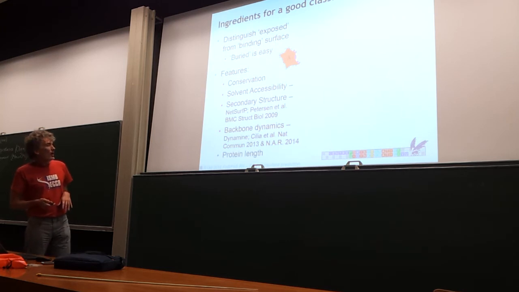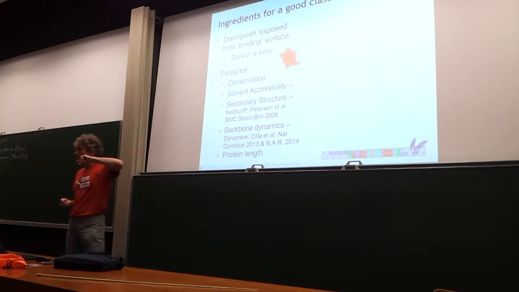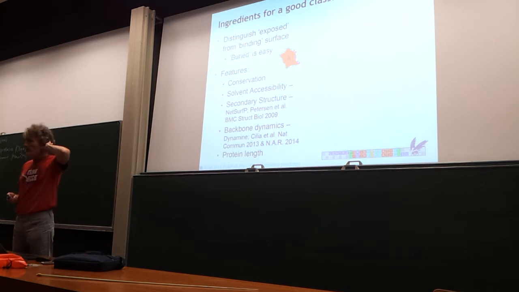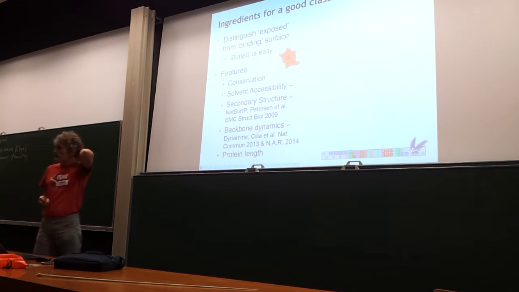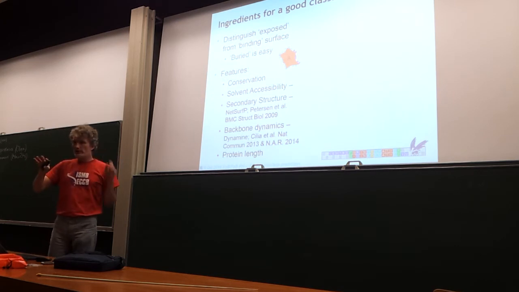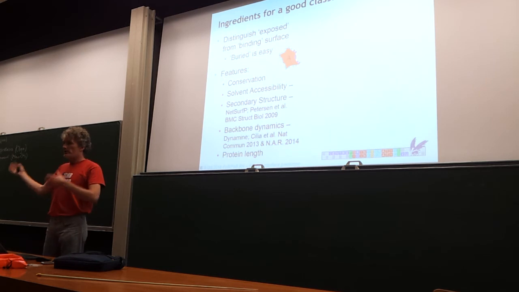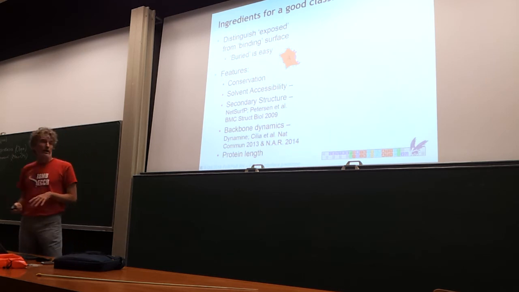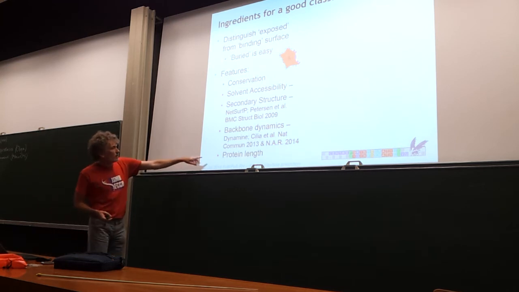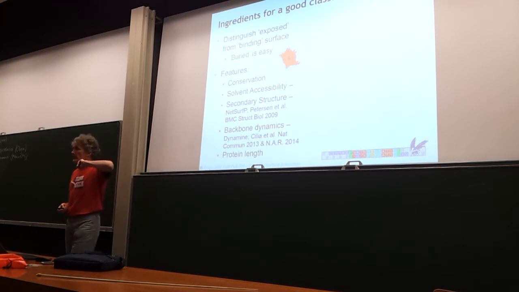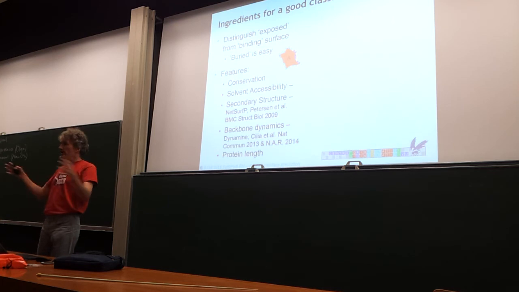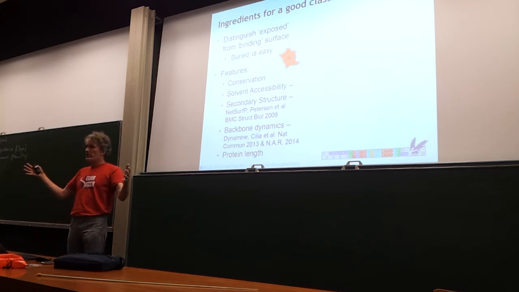Okay. And the final one is the length of the protein. And we actually had a run-in with this with the reviewers. So if you want to publish a paper, you send it to a journal, they send it to reviewers, which are just peers, other scientists, that then say whether they like the paper or what they like or don't like. And one of the reviewers said, you have to take out protein length, because it's the same for all positions in your protein.